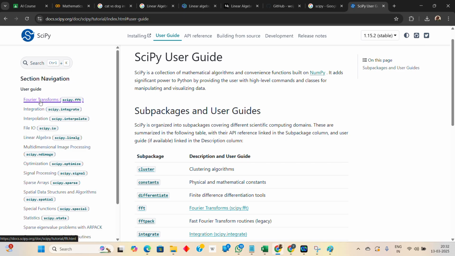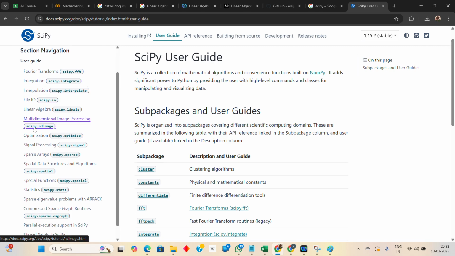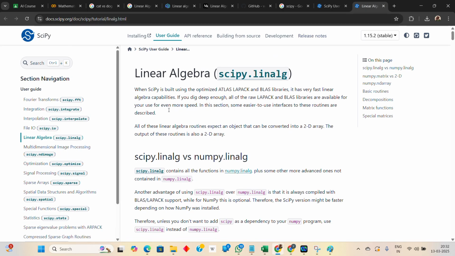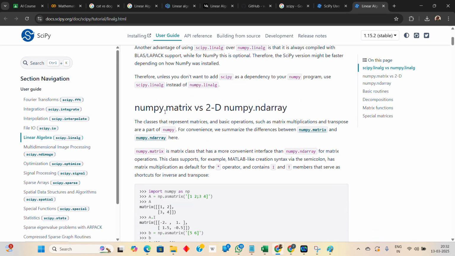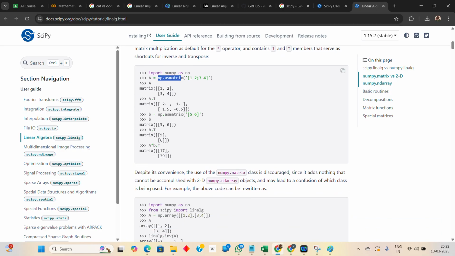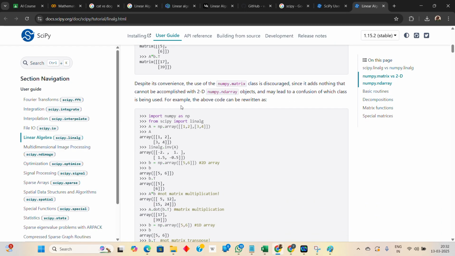Maybe you heard this in your graduation mathematics subject, M2 or M3. Integration, interpolation, linear algebra. Here you can learn all about linear algebra, whatever is important for math and data science, and also how to implement it using Python.